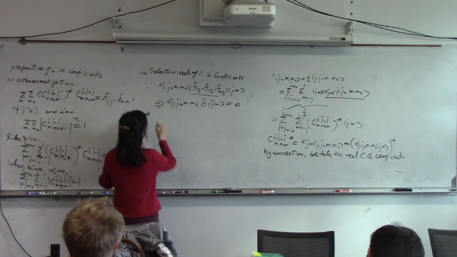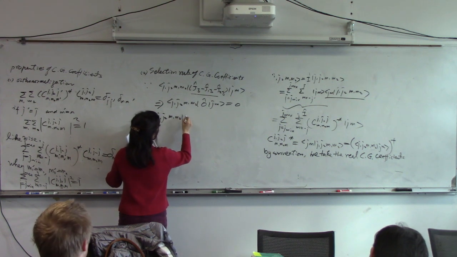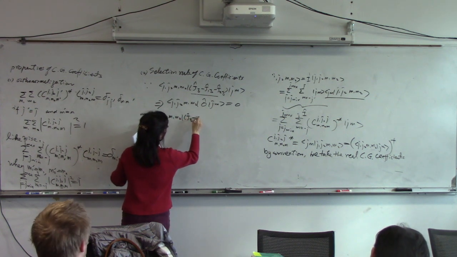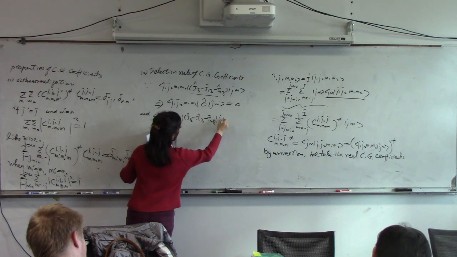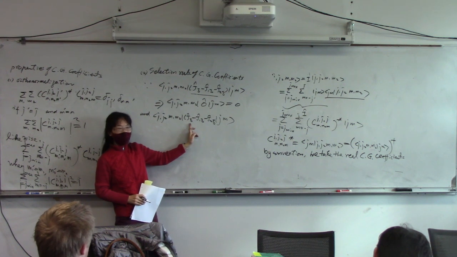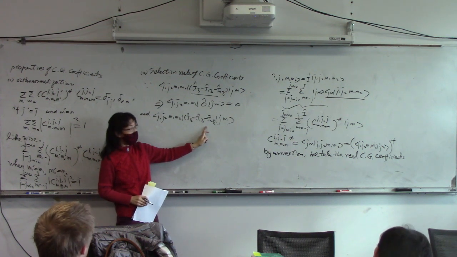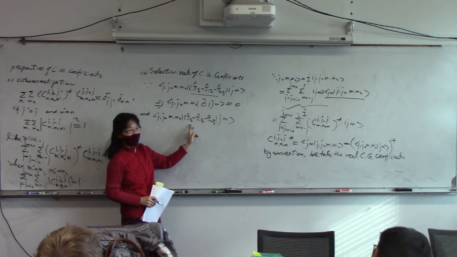Now we are going to look at the eigenstates, right? So now J1, J2, M1, M2, Jz minus J1Z minus J2Z. This is an eigenstate of Jz, right? Not an eigenstate of J1Z, J2Z. But this one is an eigenstate of J1Z, J2Z, not this one.